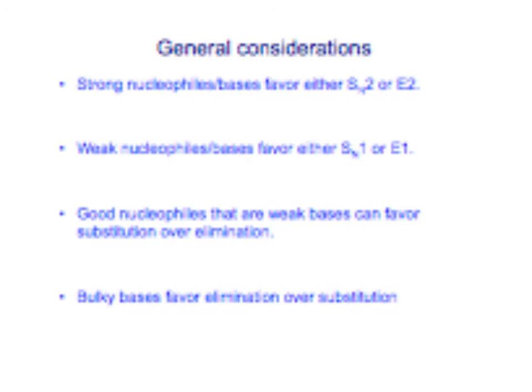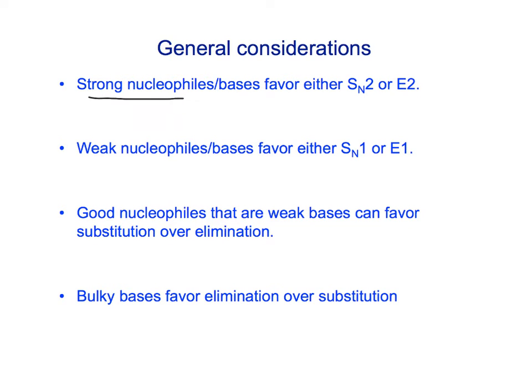considerations. Strong nucleophiles or strong bases are going to favor either SN2 or E2. These strong bases can be things like hydroxide, alkoxide, so these are the conjugate bases of alcohols, or another strong nucleophile that's a strong base is this acetylide.